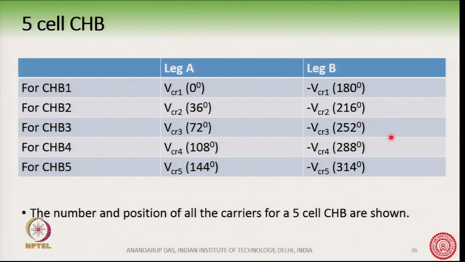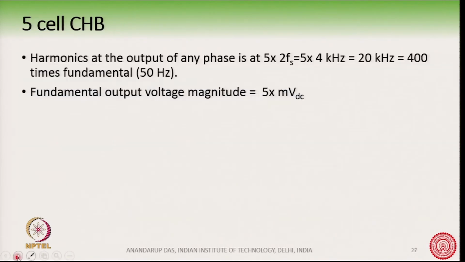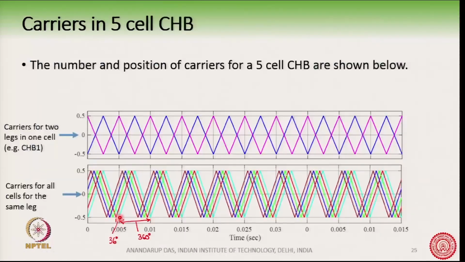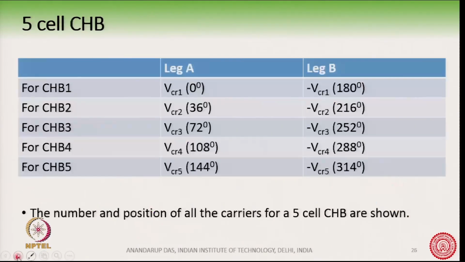So, this is the point where the carrier starts. If suppose this is 0 degree, then this is 36, 72, like that. So, this is the place where the carrier will start, and so on. So, for the 5 CHB cells, you can see how the carriers are positioned in leg A and leg B.